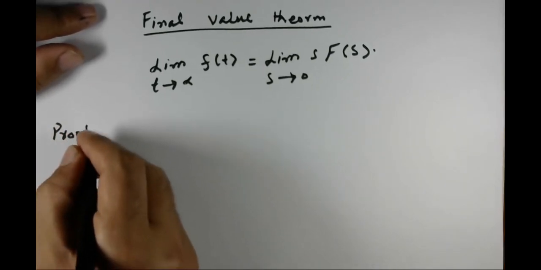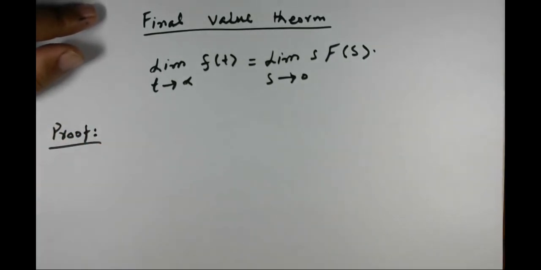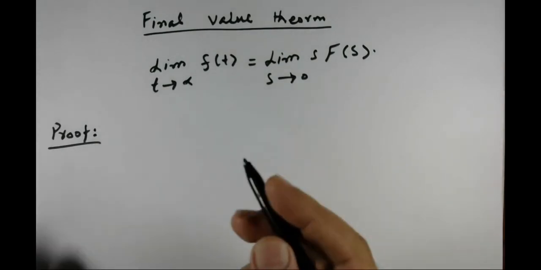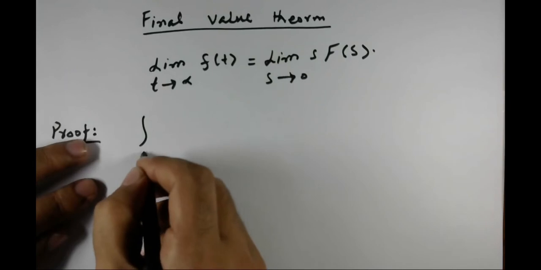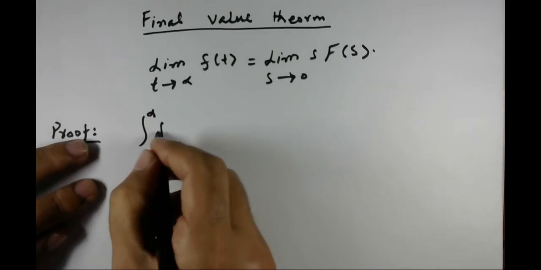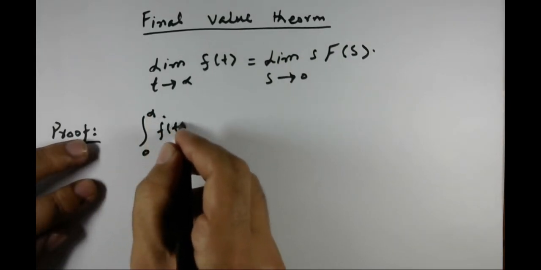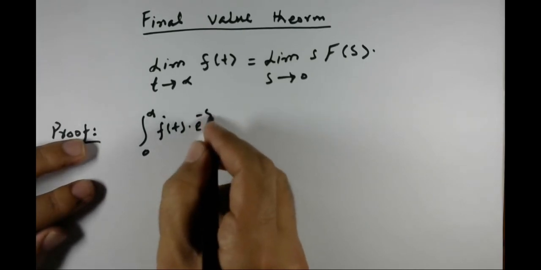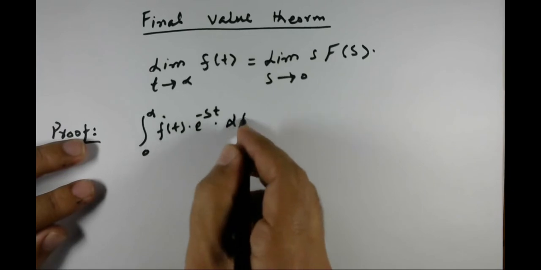Okay, so let's say we can prove it by simply using the previous function. From 0 to infinity, the derivative of f(t) times e raised to the power minus st dt.